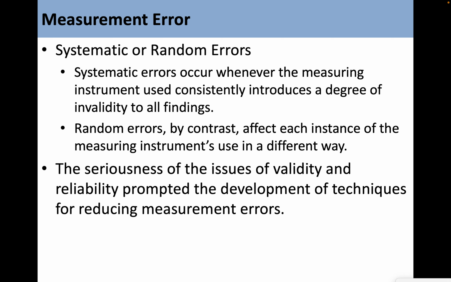The systematic errors occur whenever the measuring instrument used consistently introduces a degree of invalidity to all findings. Random errors, by contrast, affect each instance of the measuring instrument's use in a different way. The seriousness of the issues of validity and reliability prompted the development of techniques for reducing measurement errors.